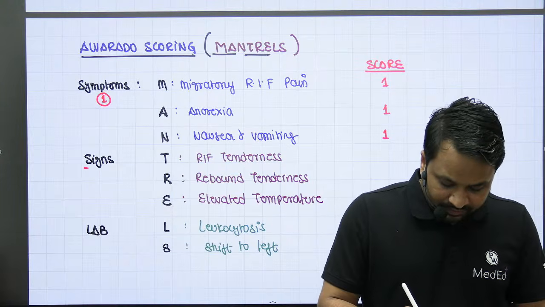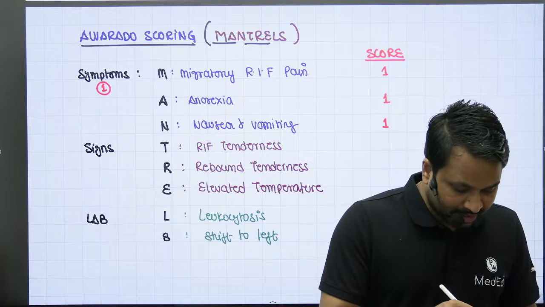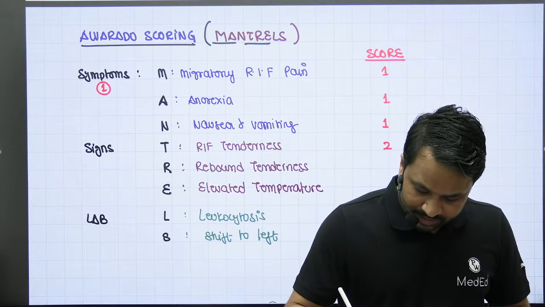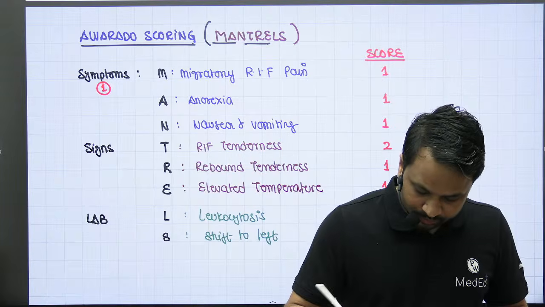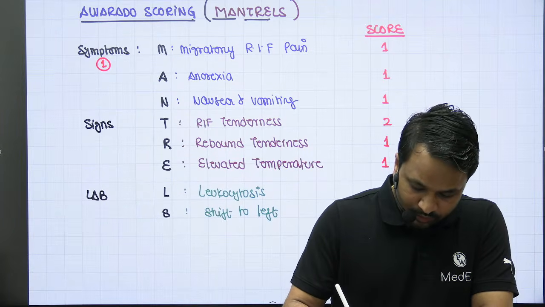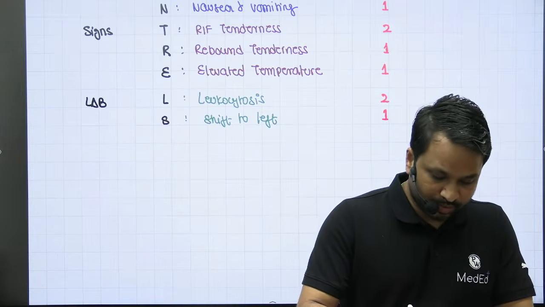For signs, tenderness is going to have a score of 2 and the rest is going to be a score of 1. In the lab, leukocytosis will have a score of 2, shift to left is going to be 1. So the total score is going to be 10.